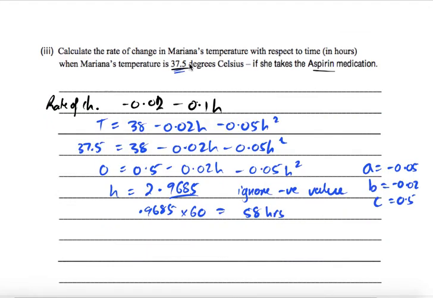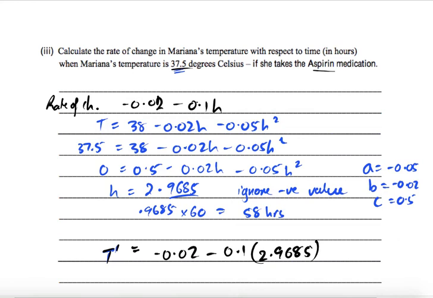We now read the question again. We want the rate of change when it's there. So the rate of change is this one here. So we're going to use our top formula now. And the rate of change, which will be T dash, because that's our rate of change, is negative 0.02 minus 0.1 times the hours, and we're going to do the hours as a decimal, 2.9685.